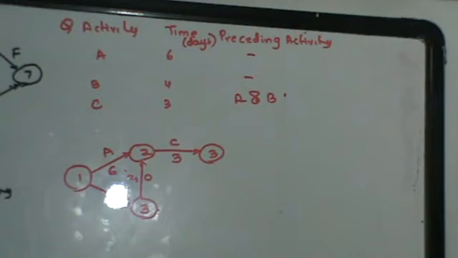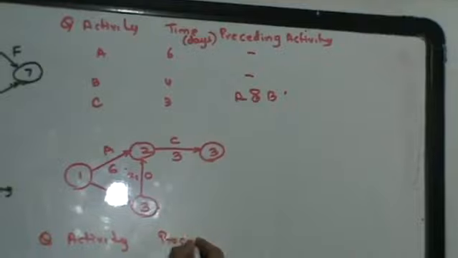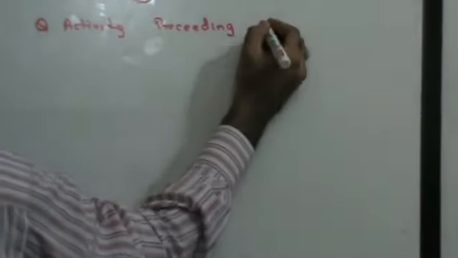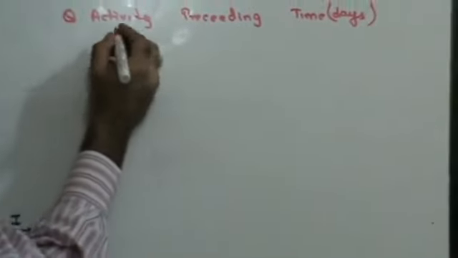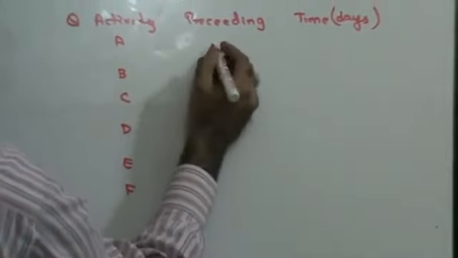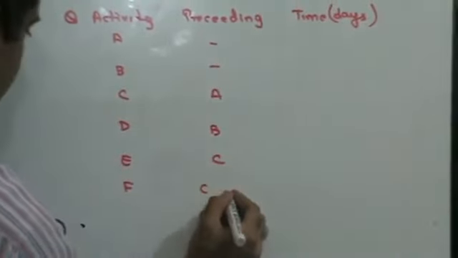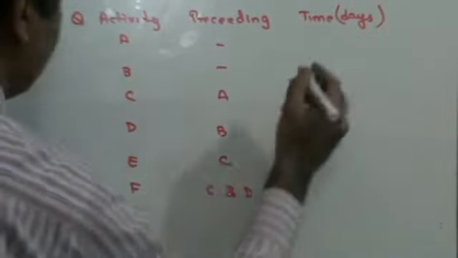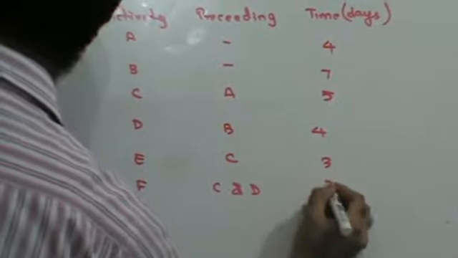Next, let's see another sum. Question. Activity, preceding activity, time in days. A, B, C, D, E, F. Preceding: nothing, nothing, A, B, C, and D. Times: 4, 7, 5, 4, 3, 2.